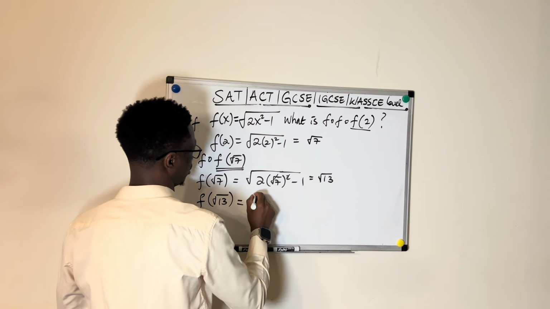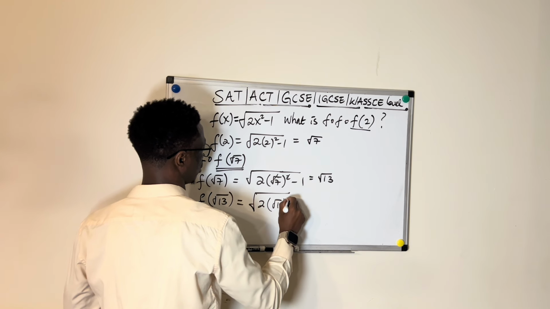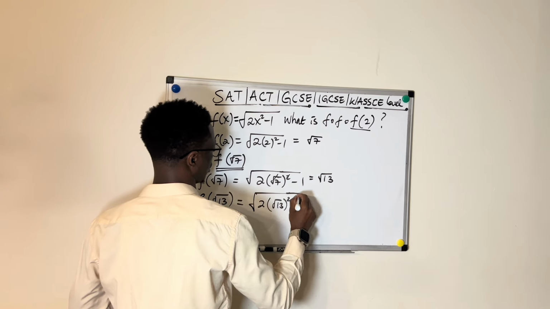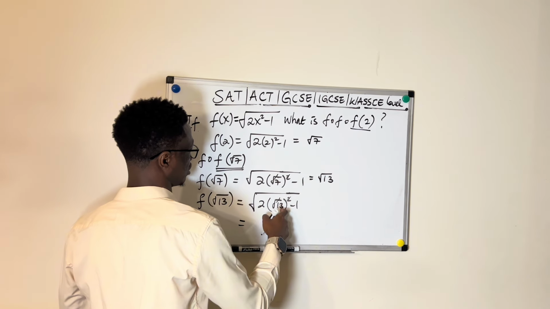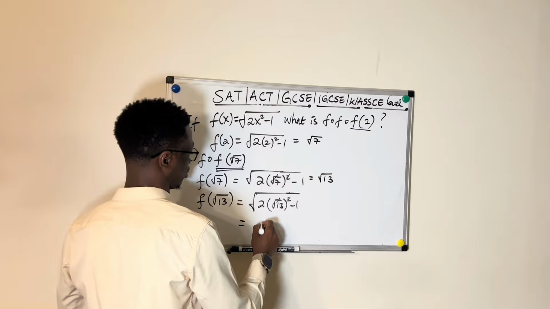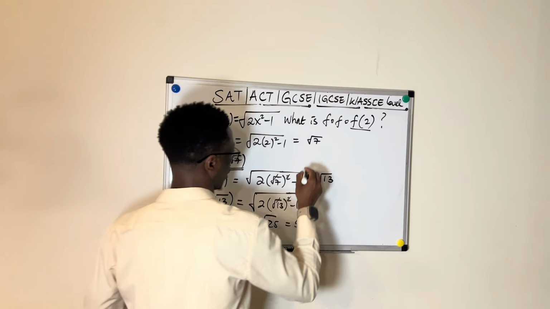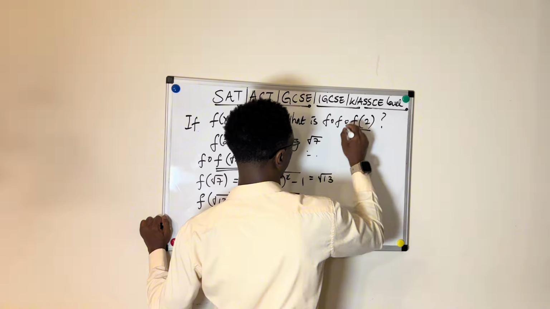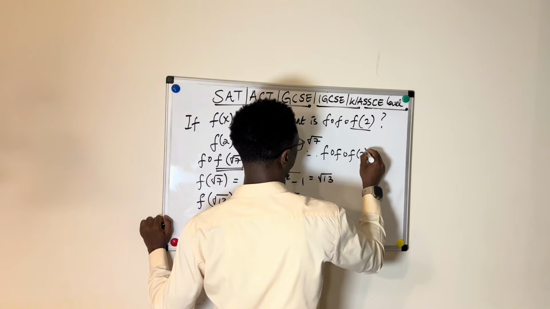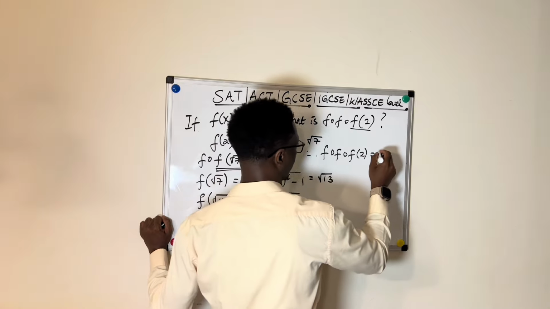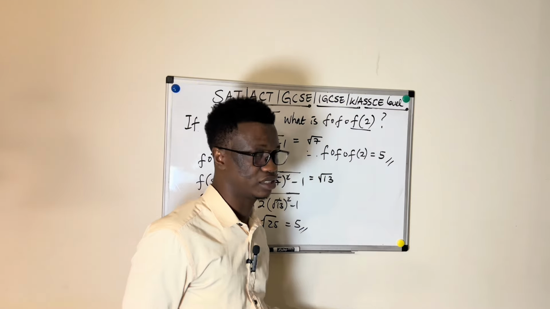Substitute again. This becomes root of 2 into root 13 all squared minus 1. The square and root cancel, 2 times 13 is 26, and 26 minus 1 becomes 25. So root 25, your answer becomes 5. Therefore, f of f of 2 becomes 5. Okay, so that is it.